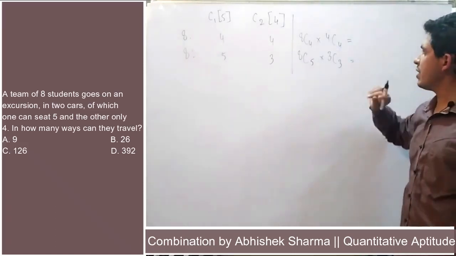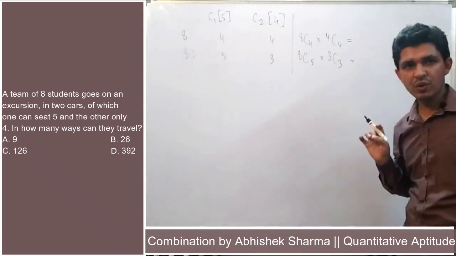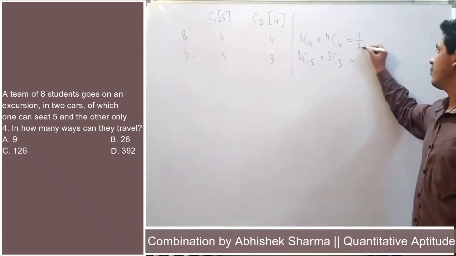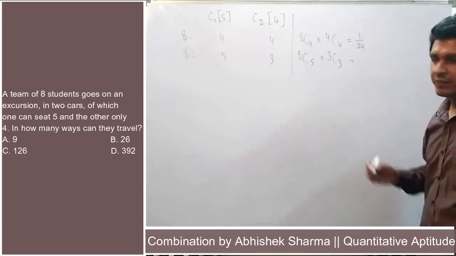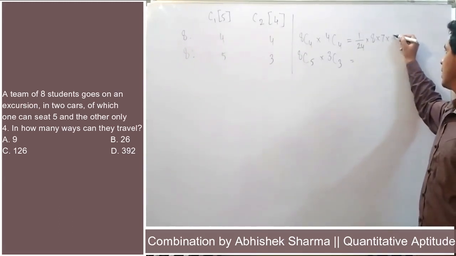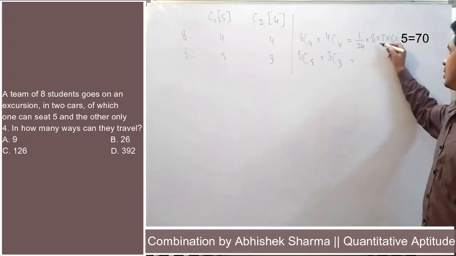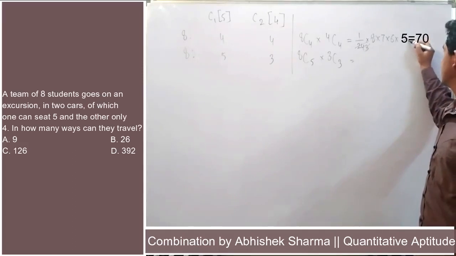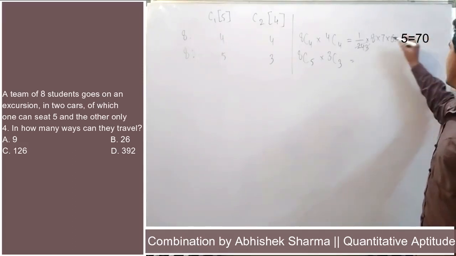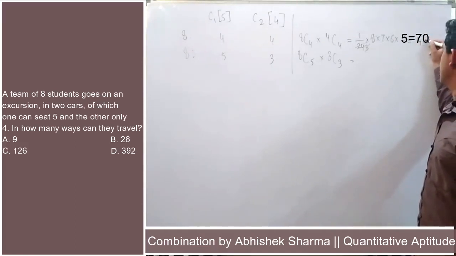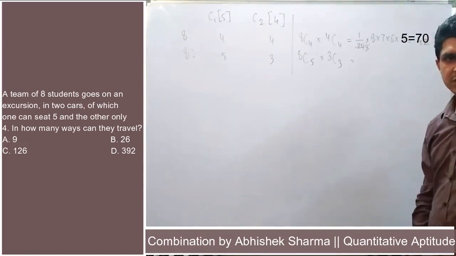So coming to this part, 8C4 will be equal to 1 by the value of factorial 4, which is 24, multiplied by 8 multiplied by 7 multiplied by 6 multiplied by 5. So 8 3s are 24 and the 3s cancel, and 7 6s are 42, right?